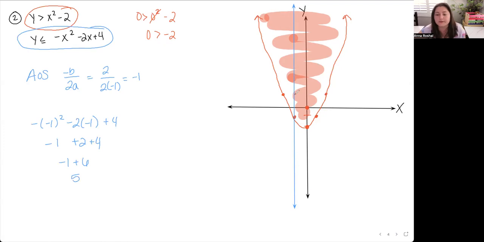So I'm going to go ahead and find 5. And we do know that this is a typical graph, meaning it's just a negative graph. So it'll just go down 1 over 1, down 3 over 1. So it will look like this.